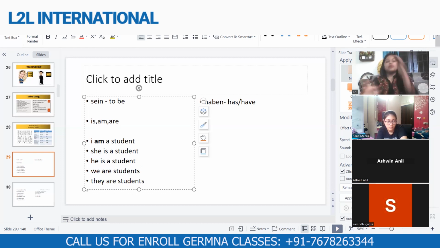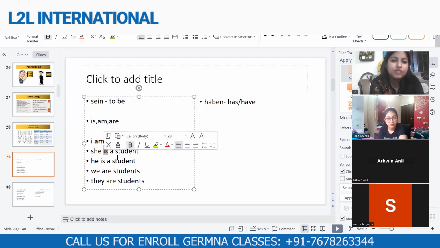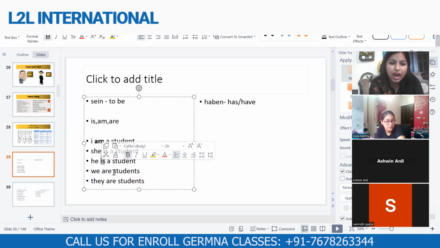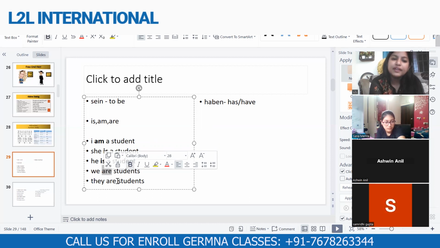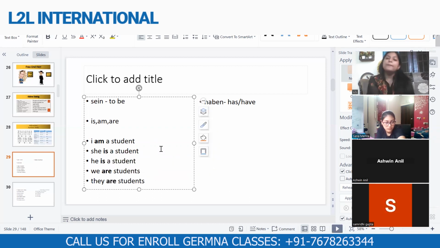So now, what are we seeing here? When the subject is changing, when we are changing the pronoun, we are also changing the helping verb. With she and he, we are using is. With we and they, we are using are. And with I, we are using am. So similarly, the verb needs to change with the pronoun, with the different subject.